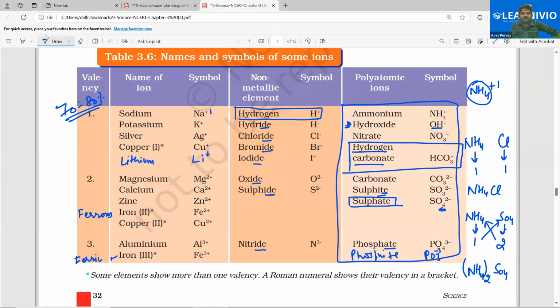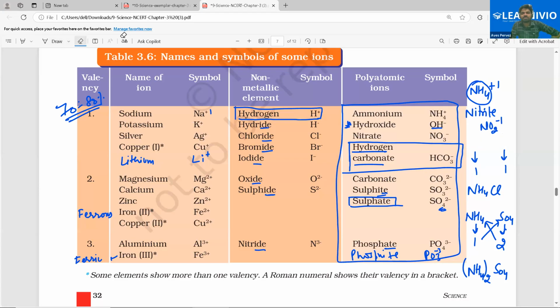Like nitrate, the ATE has 3 oxygen, then the ITE will have 2 oxygen, NO2 minus 1. So the ITE form always has 1 oxygen less than the ATE form.